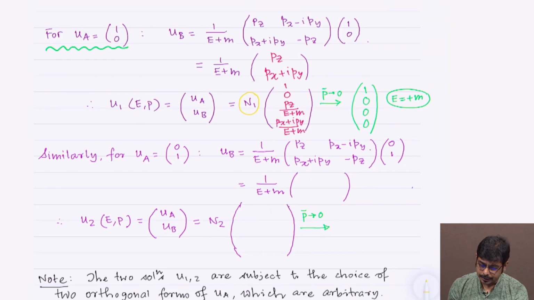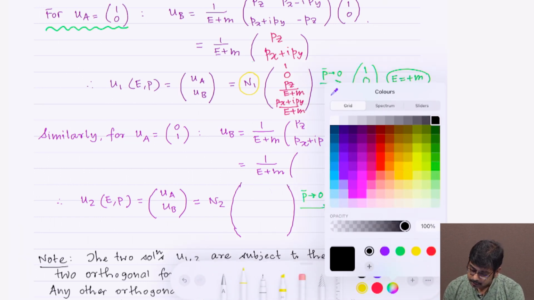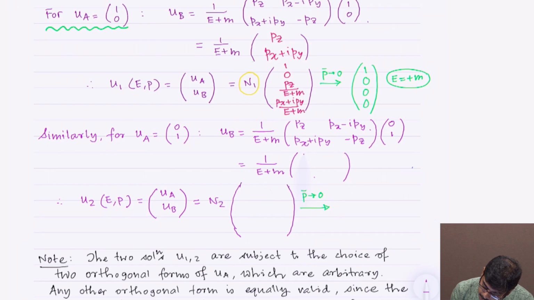Now, let us choose the other possible orthogonal combination of u a, which is 0 1, and for that u b will be, following the same relation, 1 by e plus m times the matrix p z, p x minus I p y, p x plus I p y, minus p z, multiplying with 0 1. Can we do the matrix multiplication quickly here? This will be p x minus I p y, and this will be minus p z.